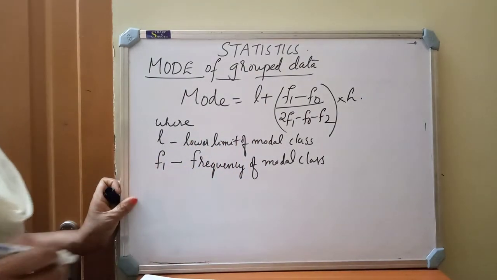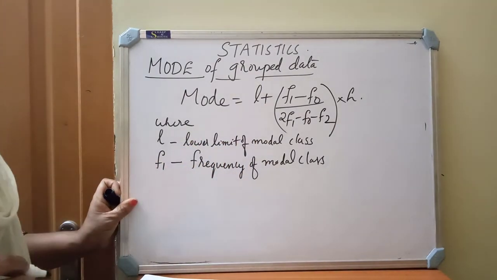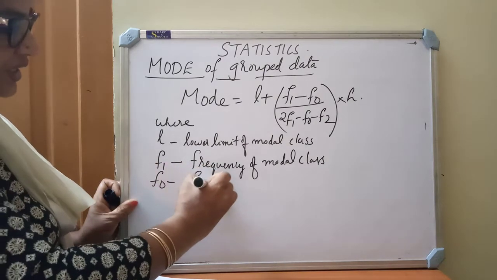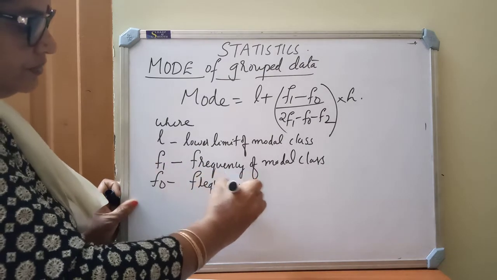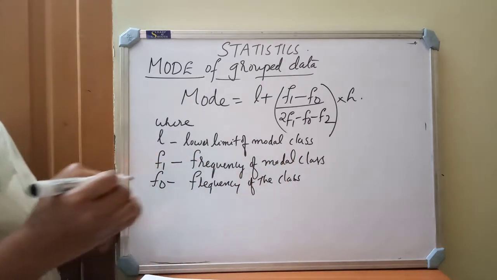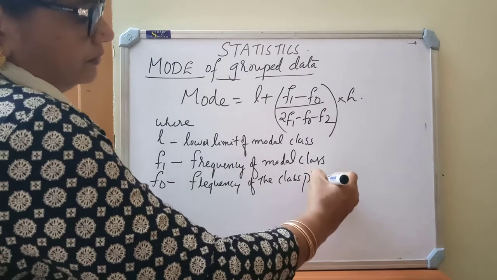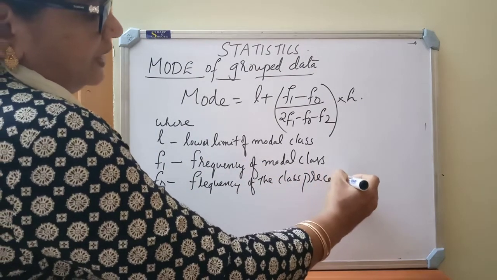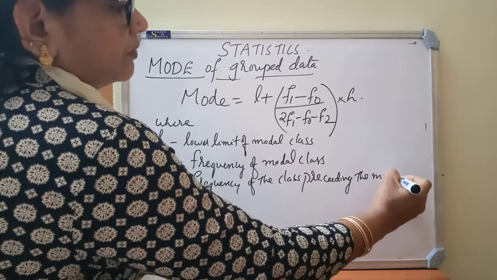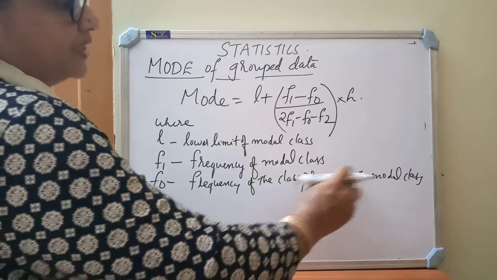Then F0 represents the frequency of the class preceding the modal class.